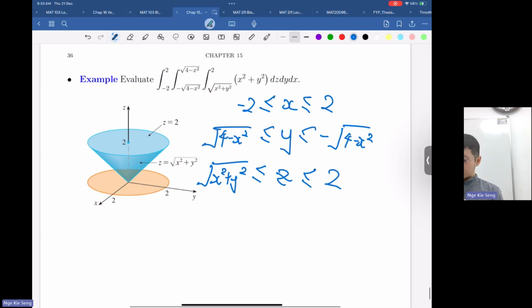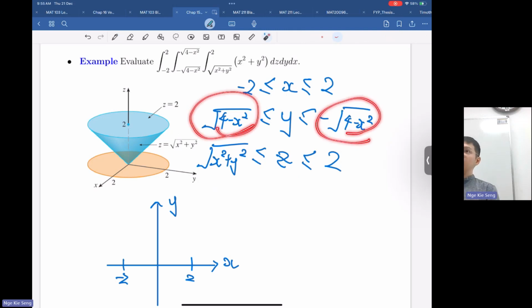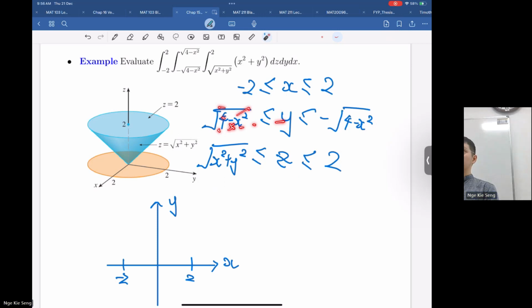So you should start with drawing the first interval first. So x is going from -2 to 2. How about y? Does this look familiar? What is this? y equals square root of 4 minus x squared. This is a circle with radius 2, center at 0.